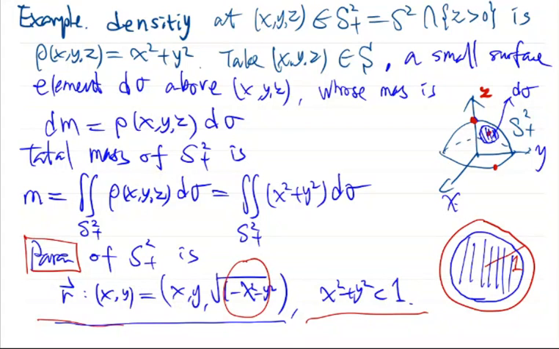Correspondingly, this is the sphere S2 intersect z positive, z greater than some small number epsilon. Okay, that is here, above the red line in the sphere picture.